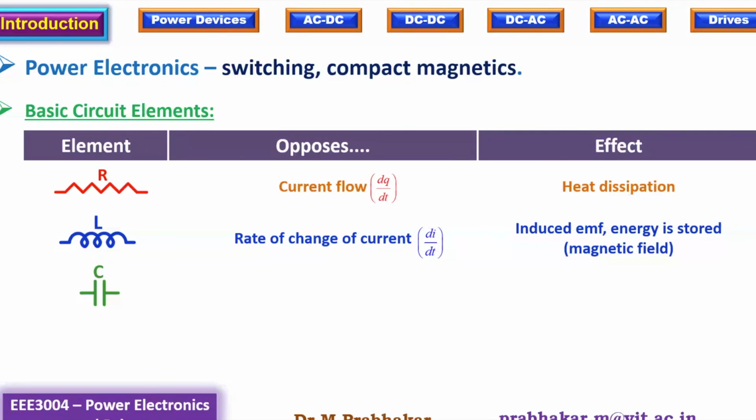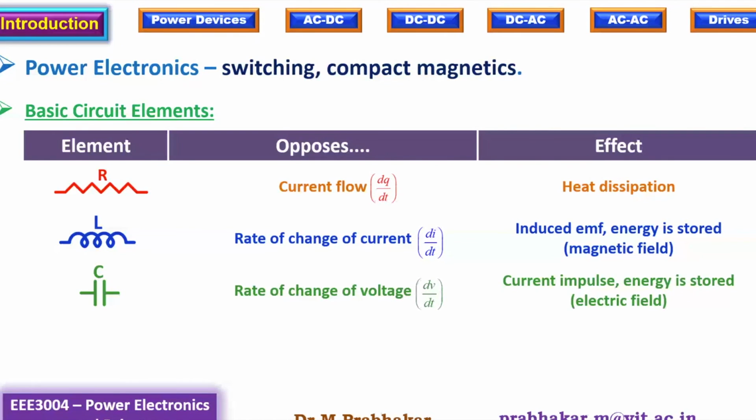Once you know this, understanding capacitor is going to be just a dual of this. So capacitor is going to oppose rate of change of voltage. That is the property of a capacitor. The effect will be whenever voltage across the capacitor tries to change, the capacitor doesn't like it, therefore it will throw an impulse of current.